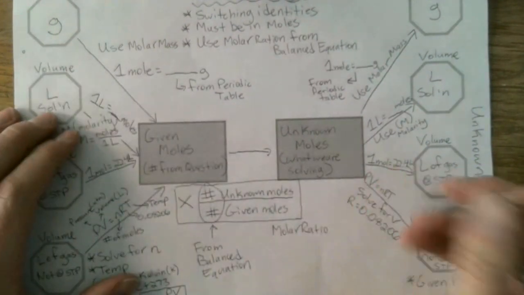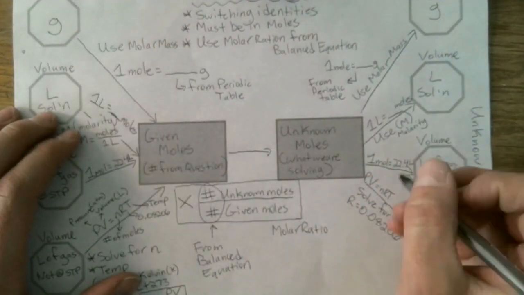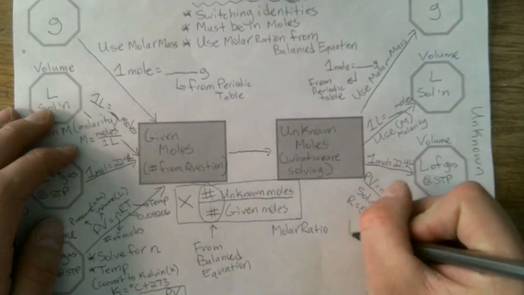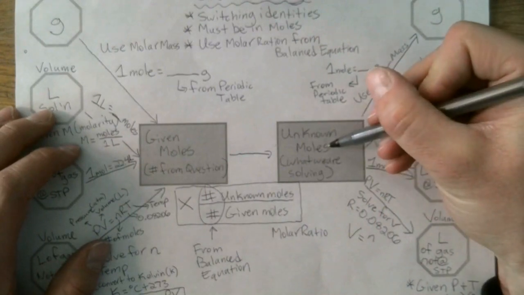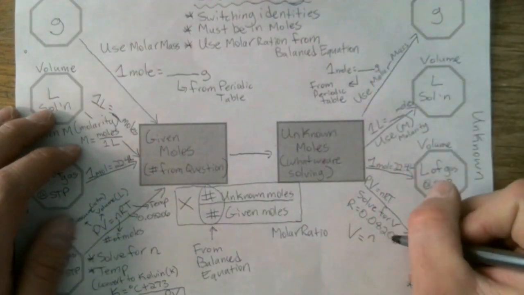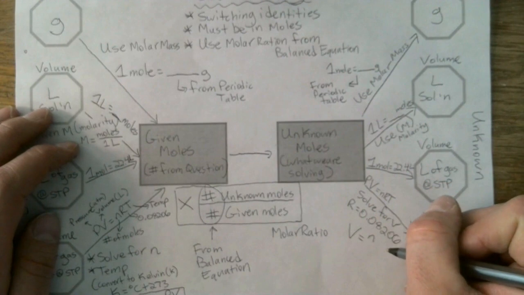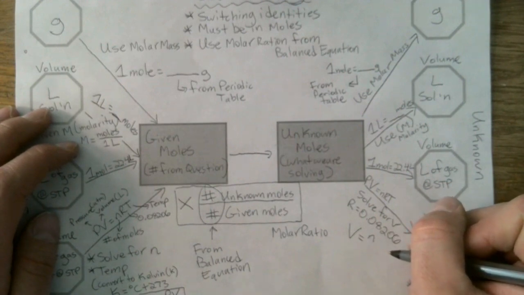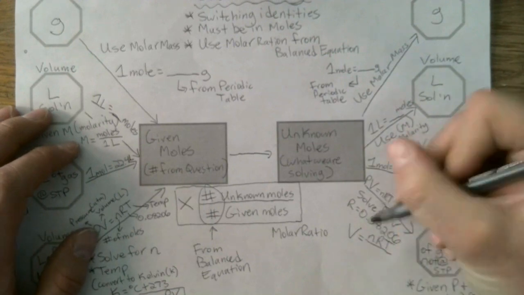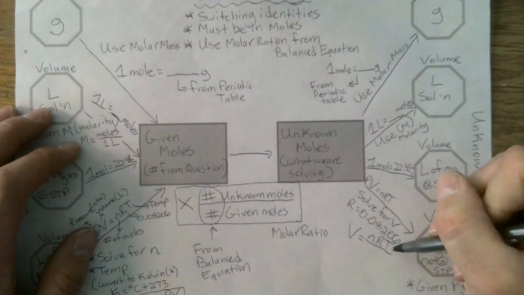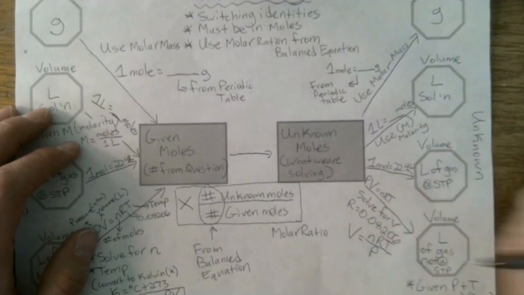So essentially, the part that we'll solve for separately here is we'll have a volume that we're trying to solve for. For this part, we have a number of moles. That's our n value. So that's going to be n times R, so our 0.08206 times the temperature divided by the pressure.